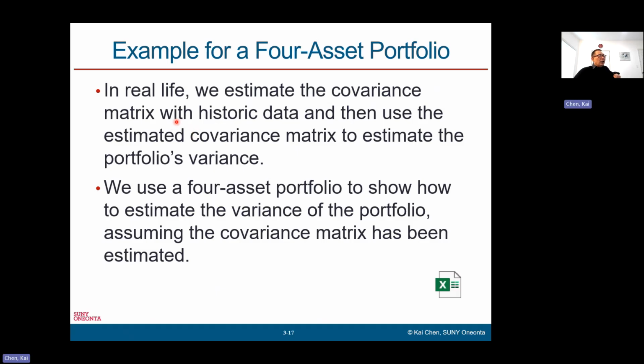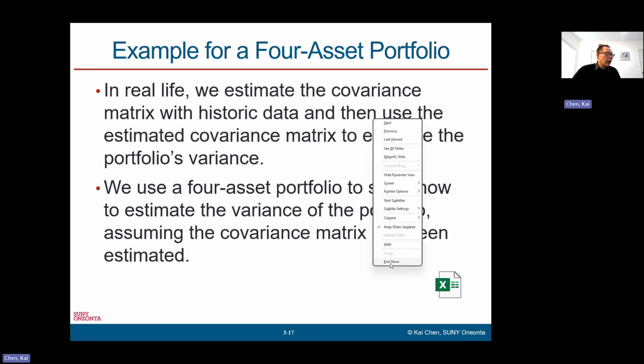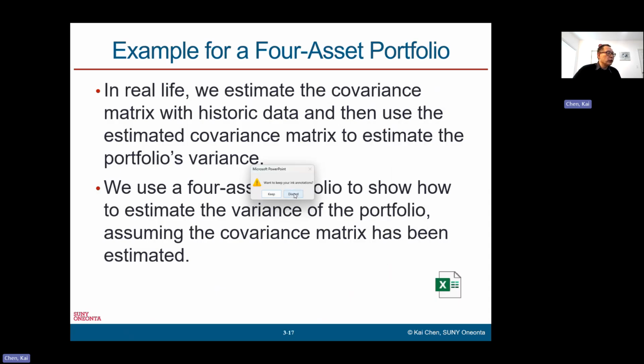In the real world, we usually estimate the covariance matrix with historic data, and then use the estimated covariance matrix to calculate the portfolio's variance. Now, in this slide, I show you an example. That is a 4-asset portfolio. Of course, we are going to use Excel to do this.